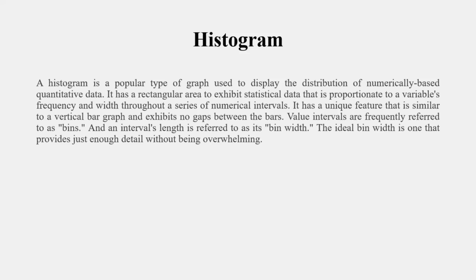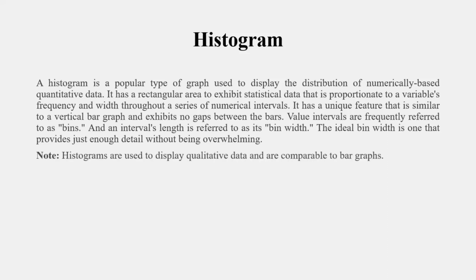It has a unique feature that is similar to a vertical bar graph and exhibits no gaps between the bars. Value intervals are frequently referred to as bins, and an interval's length is referred to as its bin width. The ideal bin width is one that provides just enough detail without being overwhelming.